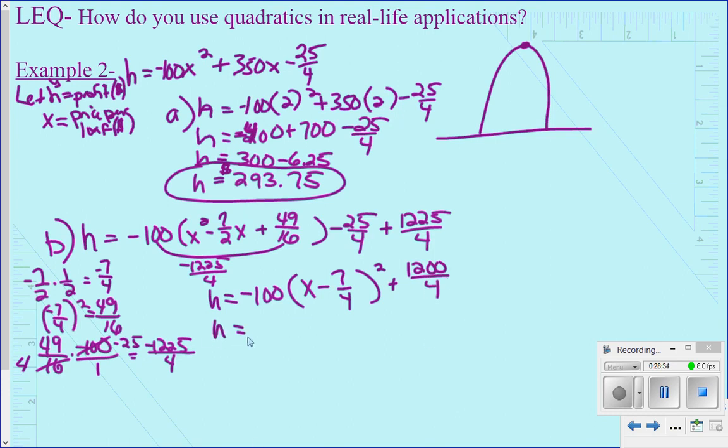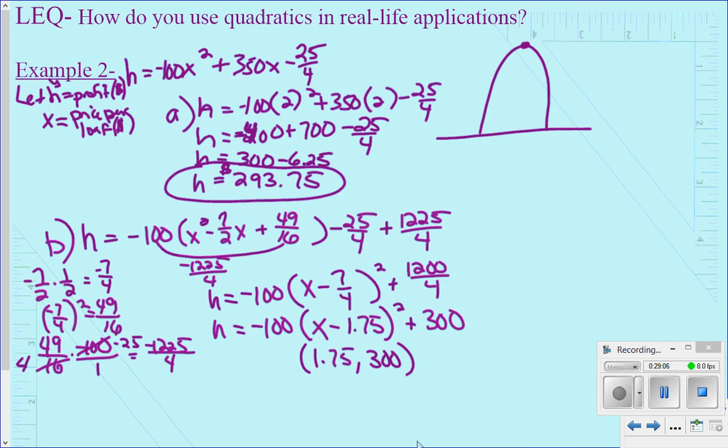So we're getting negative 100 times, because I want to think of money here, I'm going to think of the fraction now as a decimal. So I know that 7 fourths is 1.75. And I know that 1200 divided by 4 is 300. So now I can see that the vertex is 1.75 comma 300.